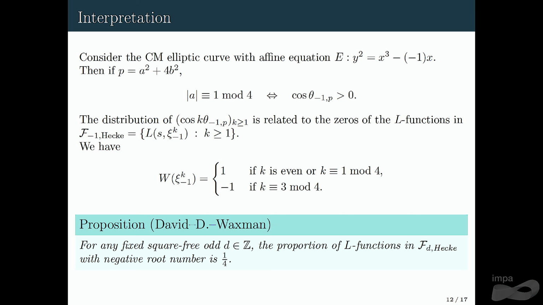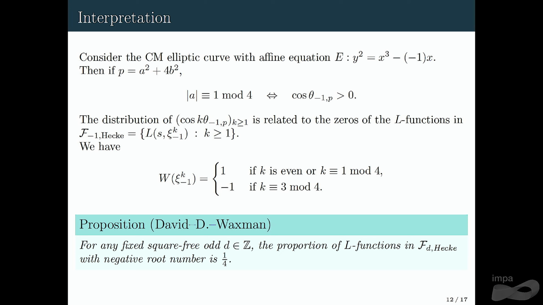And more generally, with Lucile Devin and Ezra Waxman, we computed that for all D, if you look at the L functions in the family of powers of psi D, there is 1/4 of the L functions that have negative sign of the functional equation. And it is kind of weird because usually in families, you would have 1/2 or 0, but not 1/4 of the L functions that have vanishing at 1/2, say. So that's why we got interested in this family.